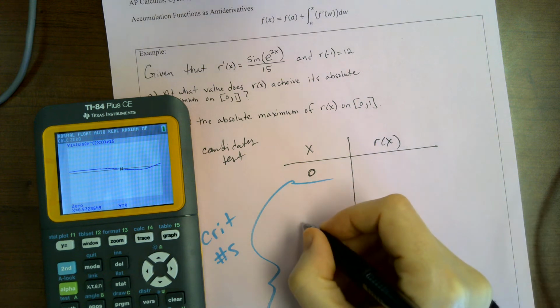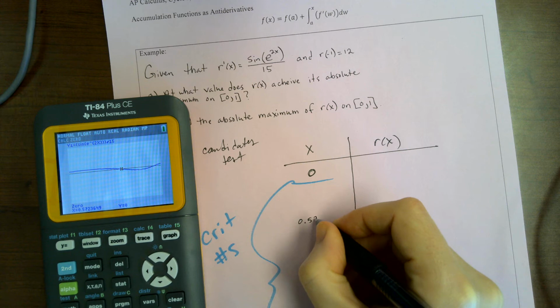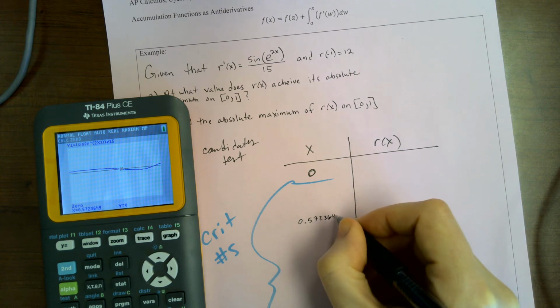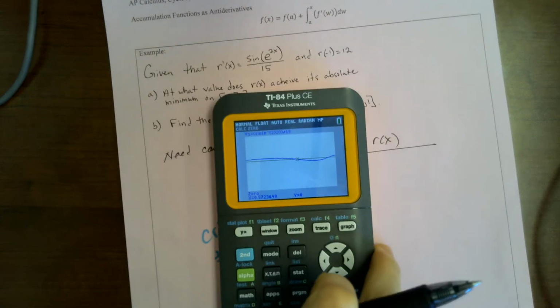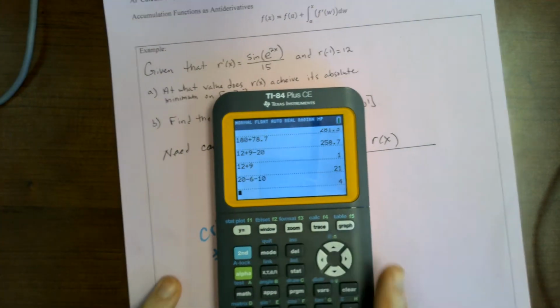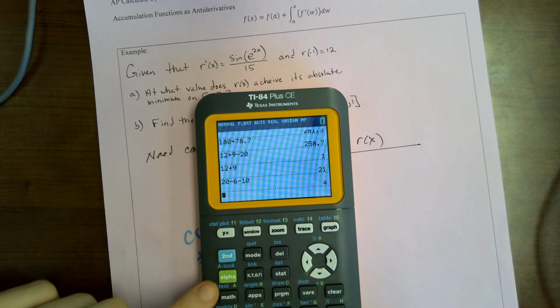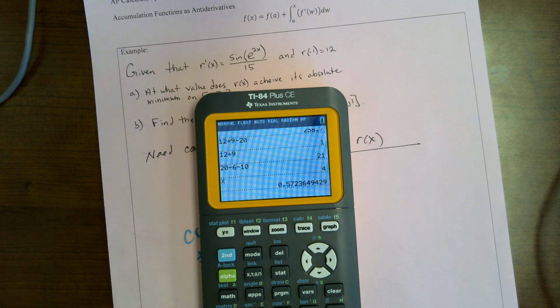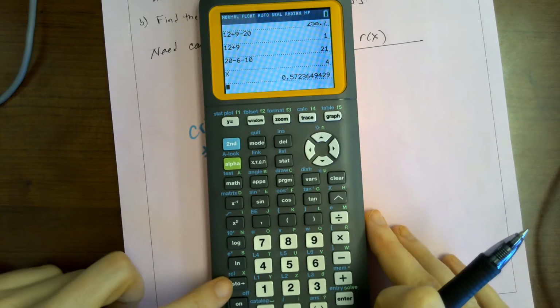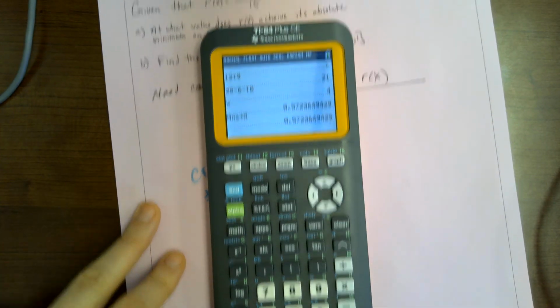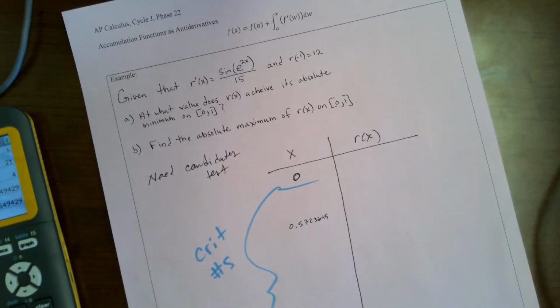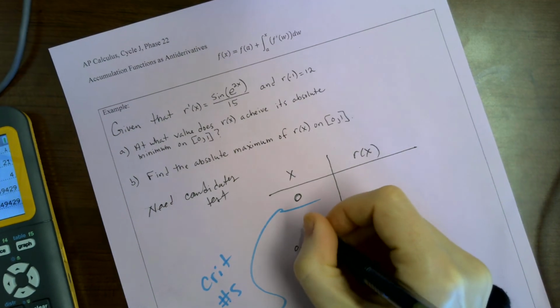Let me write it right here: 0.5723649. I'm going to store it as A. So you go second quit, you hit X, and look, it's right there. Now I can store it. I hit store, and I'll store it as A. All right, so it's right there. So I'll write here, A.